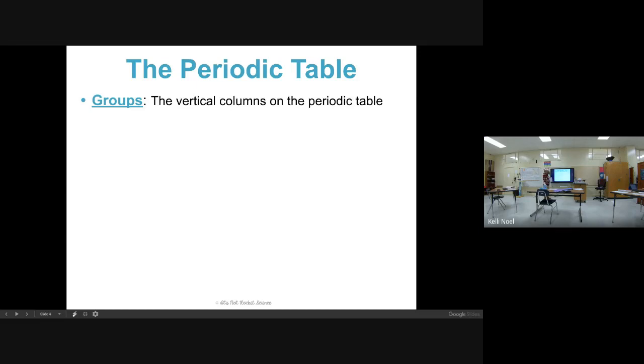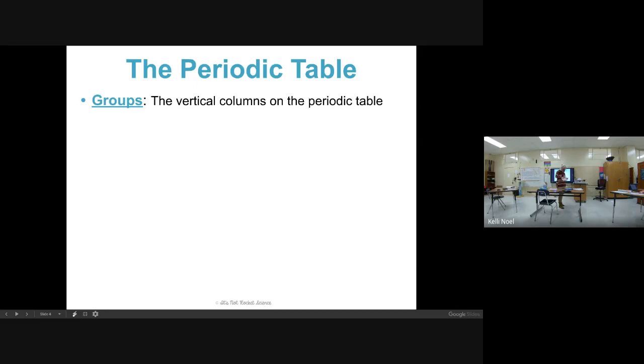All right, so on the periodic table, there's some terms you need to know. There are groups. Groups are your vertical columns, and vertical columns go up and down. So on your paper copy here, they are going to be labeled 1A, 2A, then you have 3B, 4B, all the way, and then you see a 1B and a 2B.